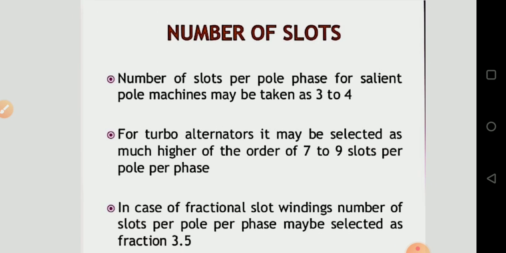Number of slots. The number of slots per pole per phase for a salient pole machine may be taken as 3 to 4.